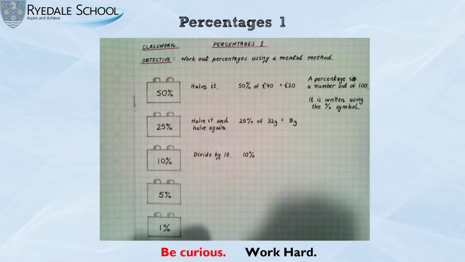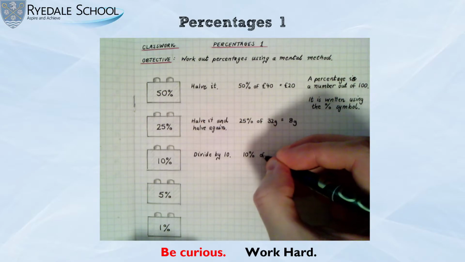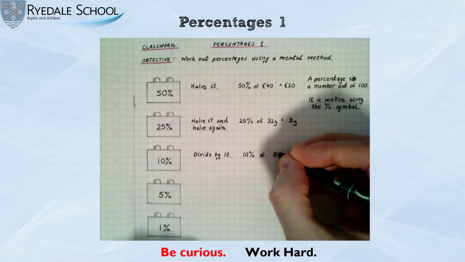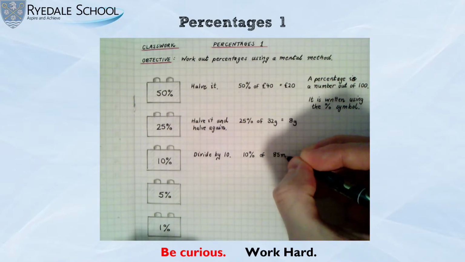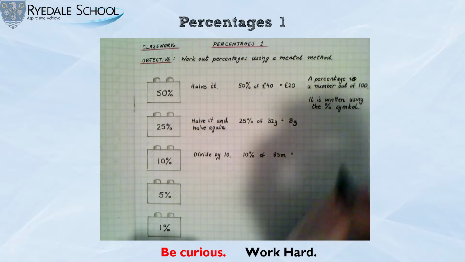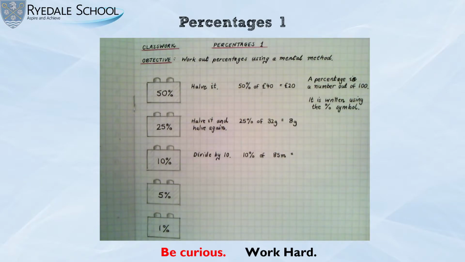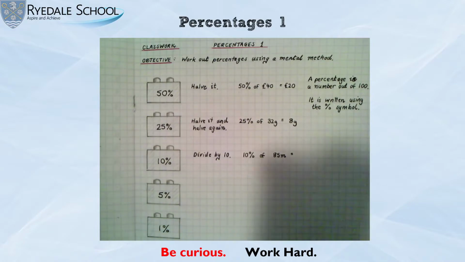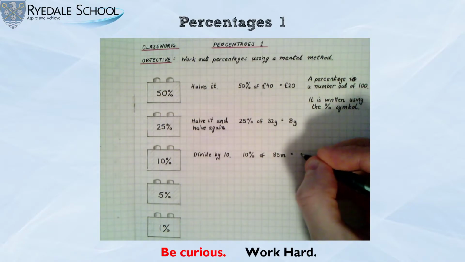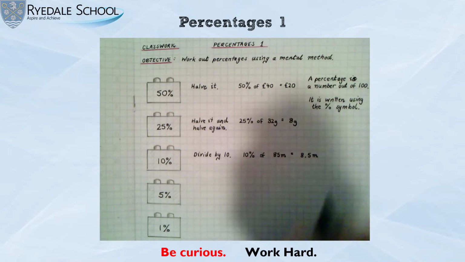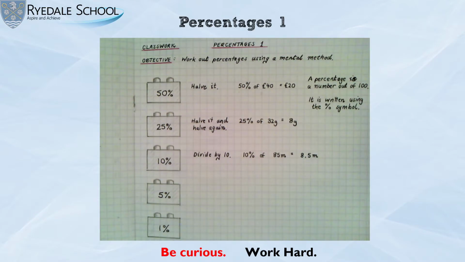Let's say I wanted to do 10% of 85 metres. Well, I would need to divide 85 by 10. And when we divide by 10, we move all the digits one place to the right. So 85 divided by 10 would be 8.5. Okay, three rules down. Let's keep moving.